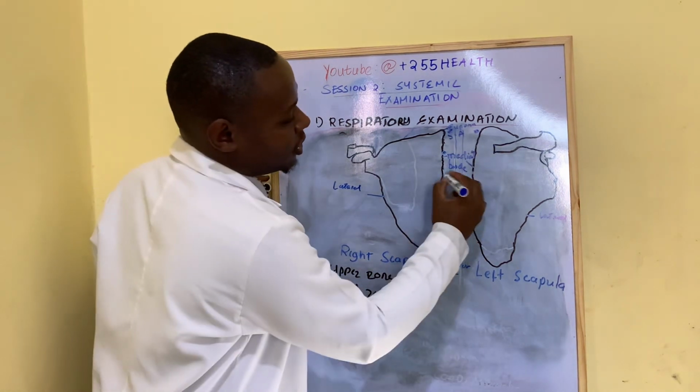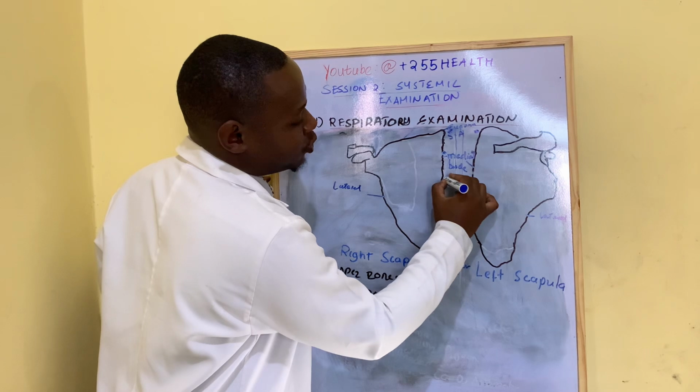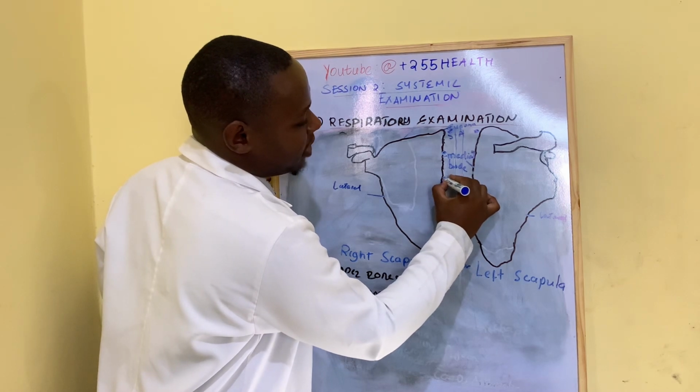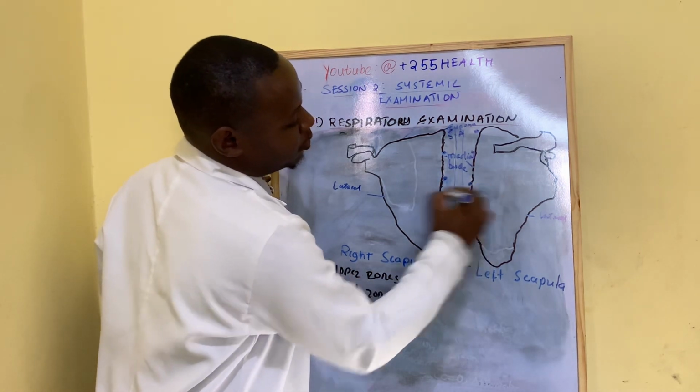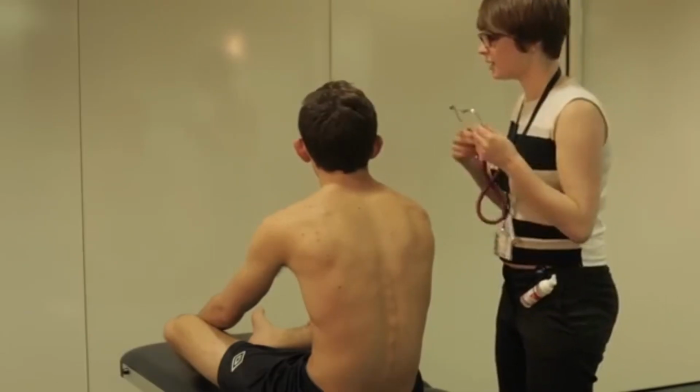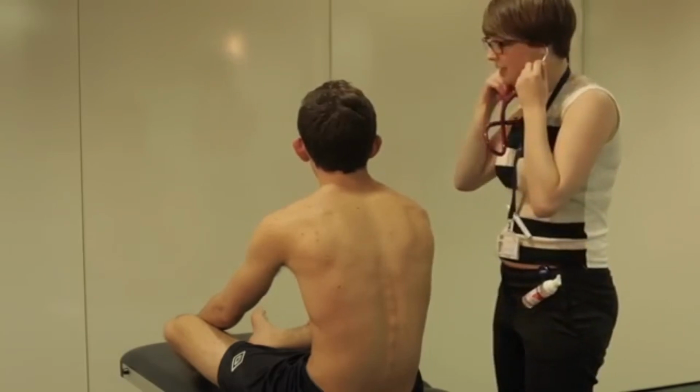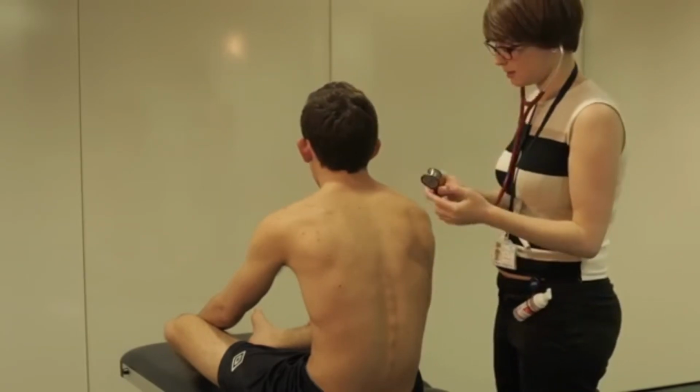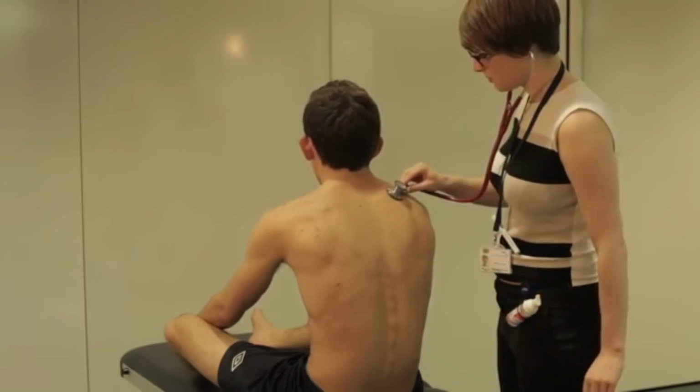And then you go down to the medial half of the medial border of the scapula. And then you're going to go to the inferior border, and for the lower zone we're going to go through the distal third of the medial border.